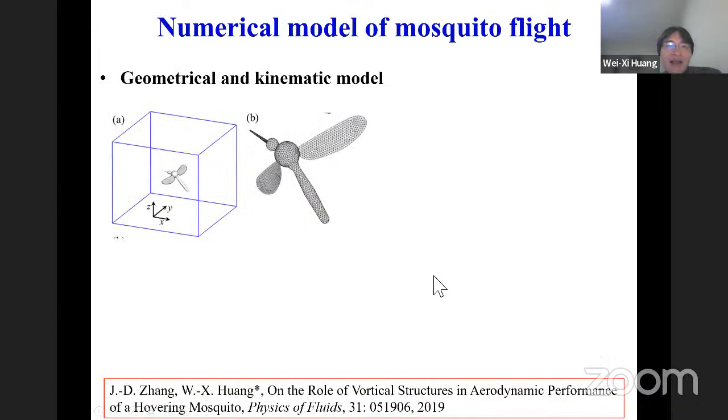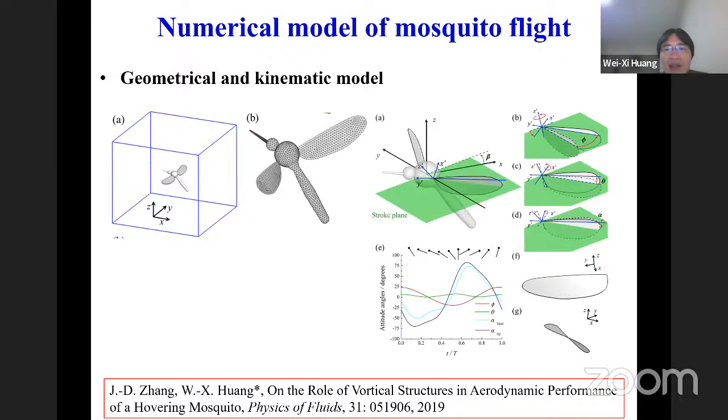Then we want to quantitatively study the flying mechanism of the mosquito: the flow field and its relation with the lift force. This is the geometric model.